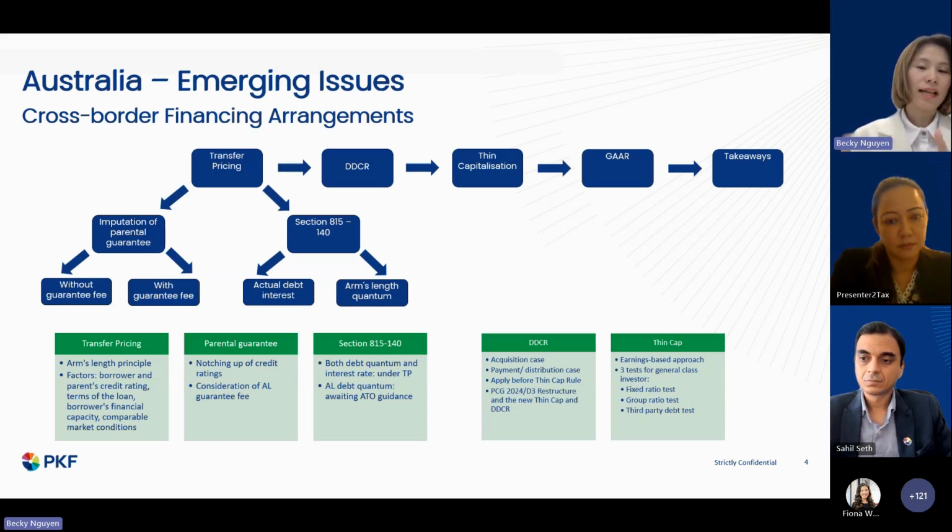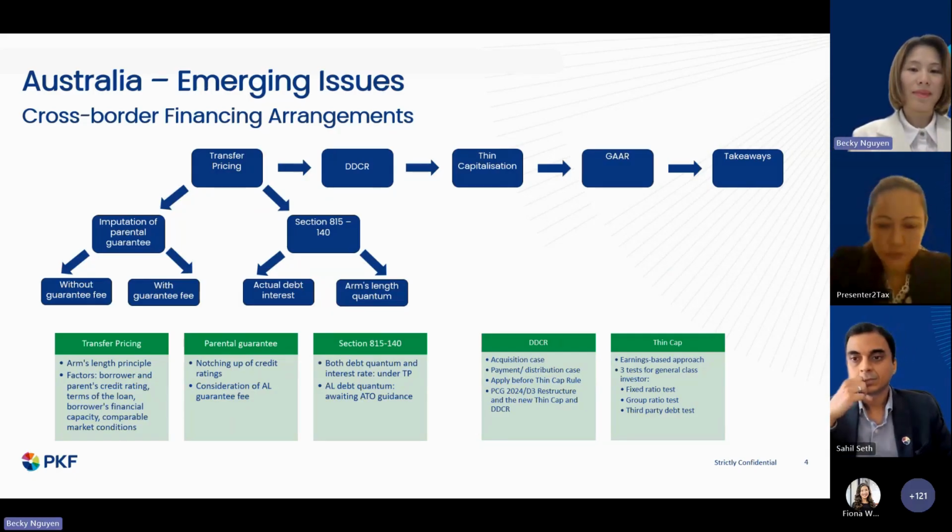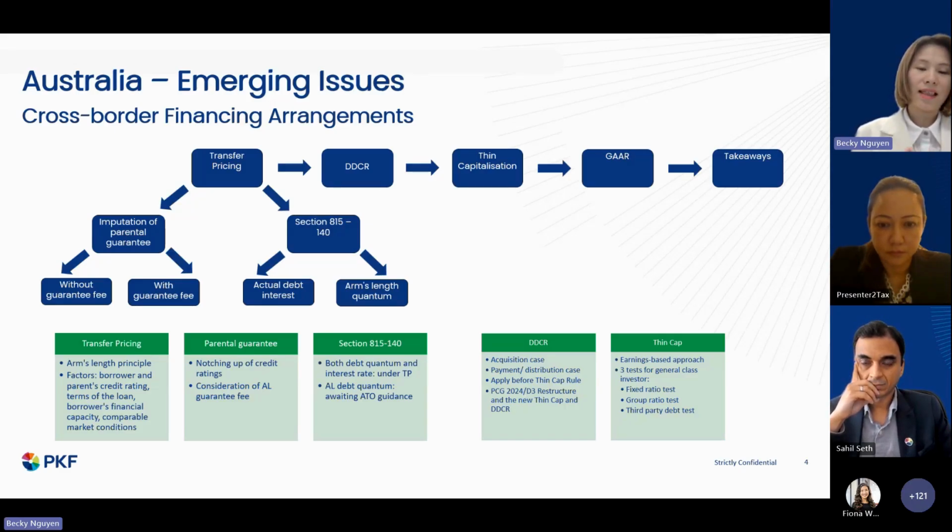Under these rules, taxpayers can choose one of three tests to calculate the maximum amount of debt deduction that they can claim in the fiscal year. The first test is a fixed ratio test. It is a default test. This test allows entities to claim net debt deductions up to 30% of the tax EBITDA.